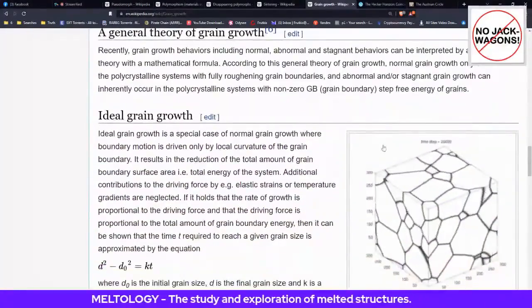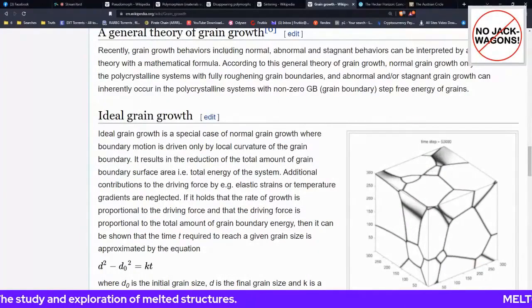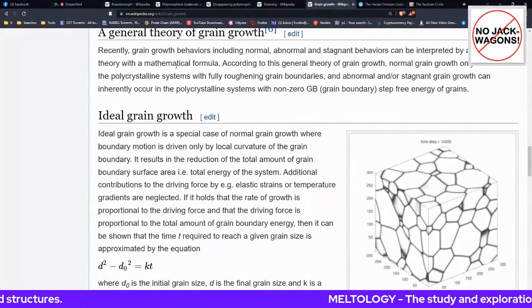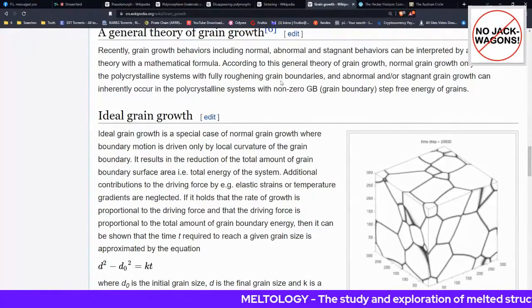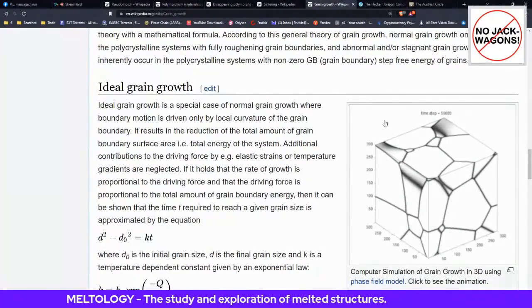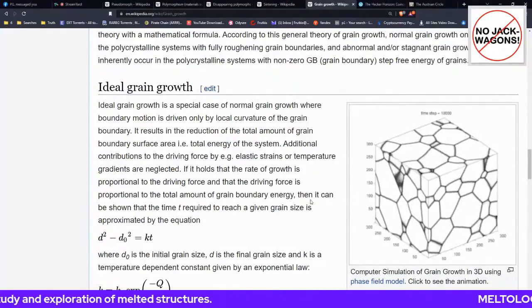So you can look at this, but I'll read the general theory of grain growth. Grain growth behavior includes normal, abnormal, and stagnant behavior. Wow, you're looking at a polygonal wall being formed here, guys.